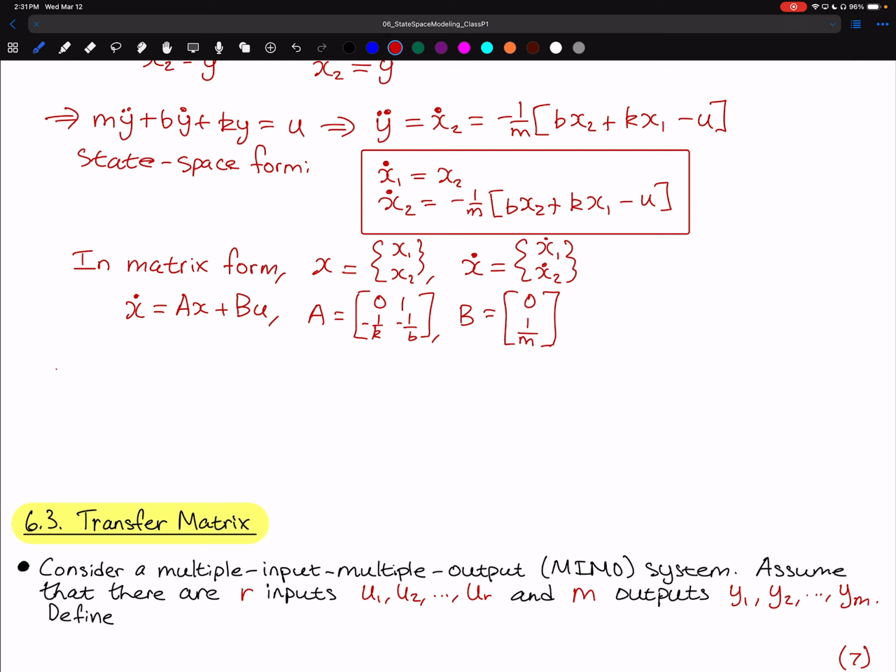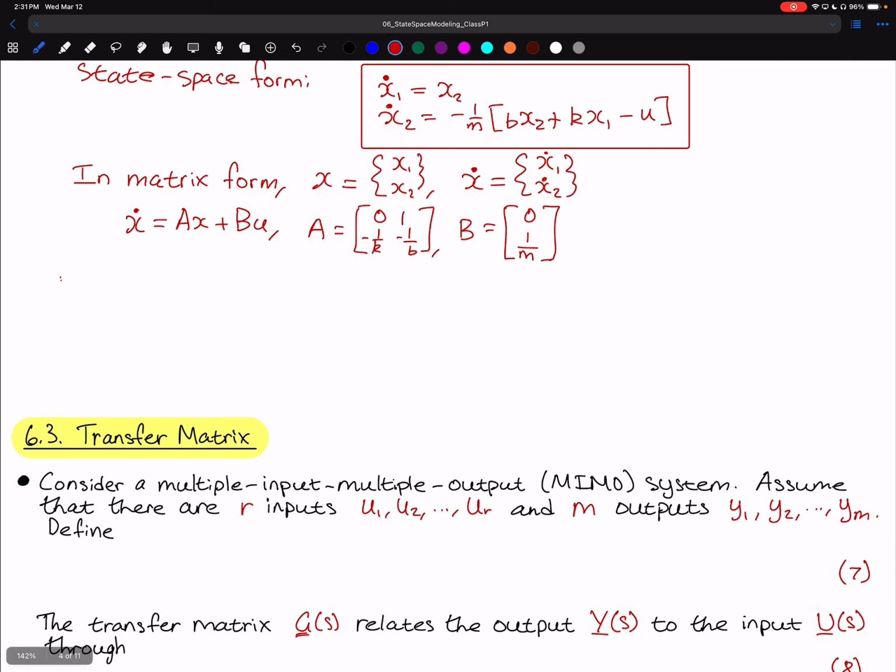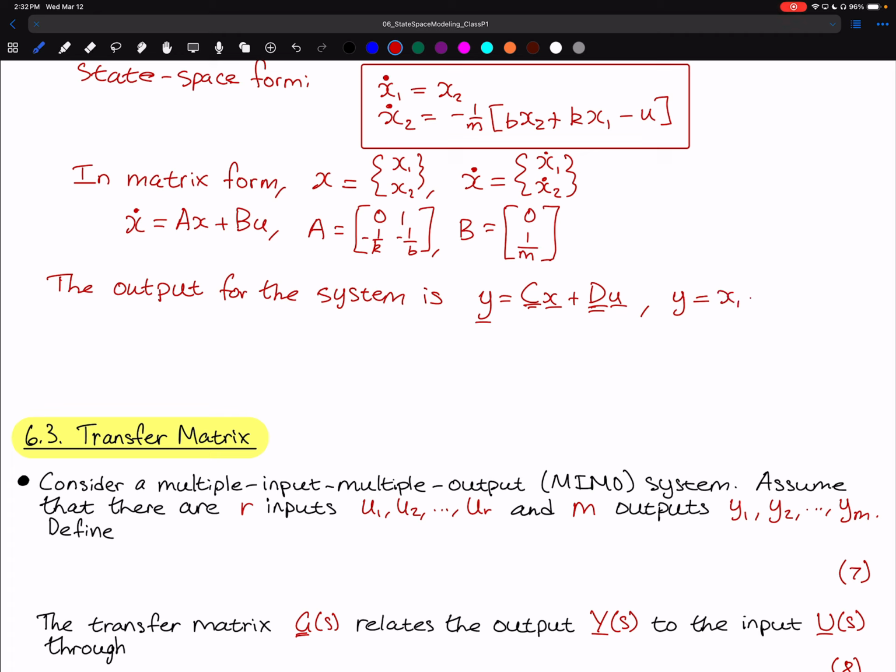And then we can now look at our output. So the output for the system is y is equal to Cx plus Du, and this is in our vector form. And we also know that y must be equal to x1, because that's our displacement variable.